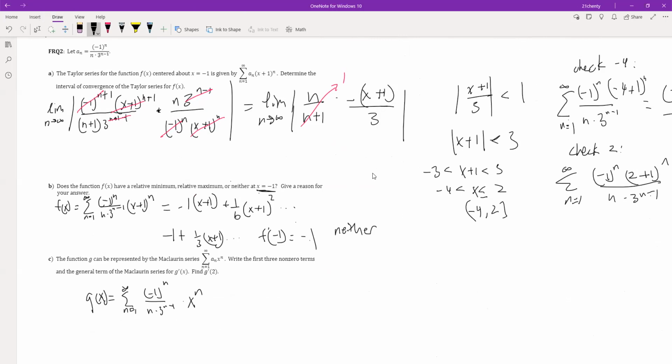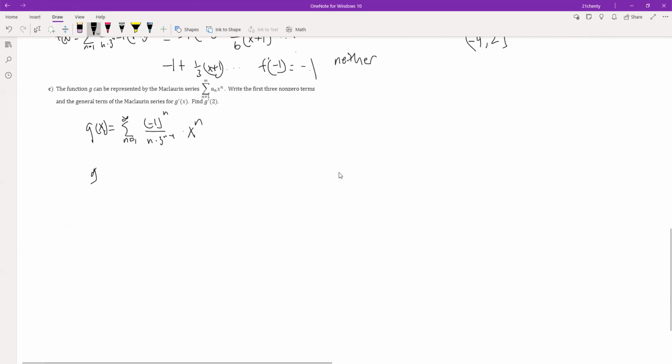And so the derivative of this, g prime of x, is going to be, well, nothing changes with the series, but this left part is just a constant. So the right part, we do the power rule. So move the n down, times x to the n minus 1. And so these n's cancel. And this is what we're left with.